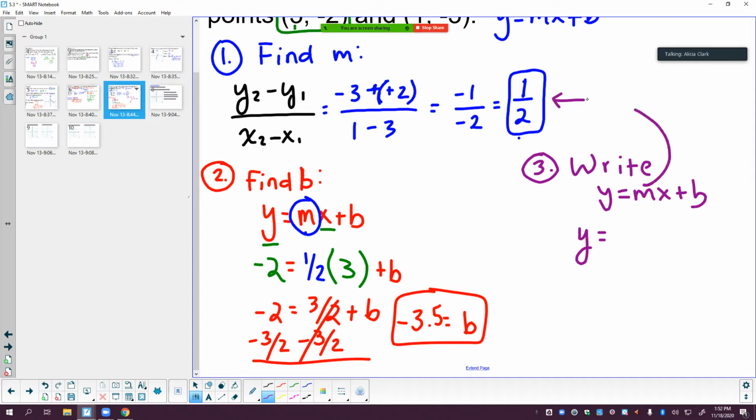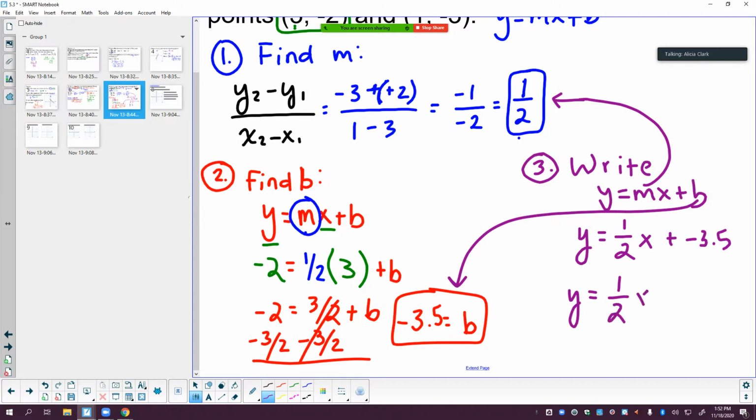This comes from here. x plus b we found right here, so negative 3.5. And again, if I have plus a negative number, that's the same thing as just saying minus. So y equals 1/2 x minus 3.5. Any questions on that example?